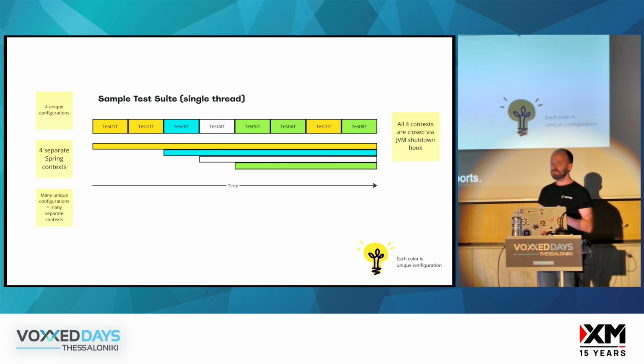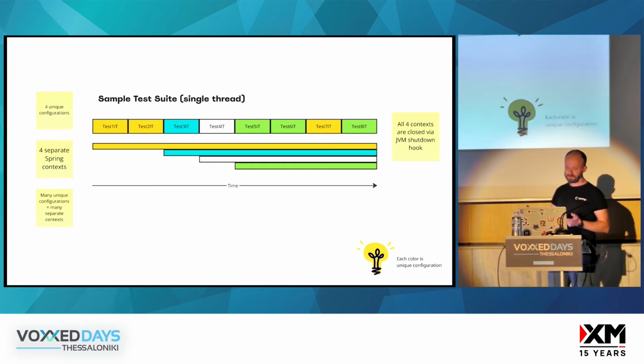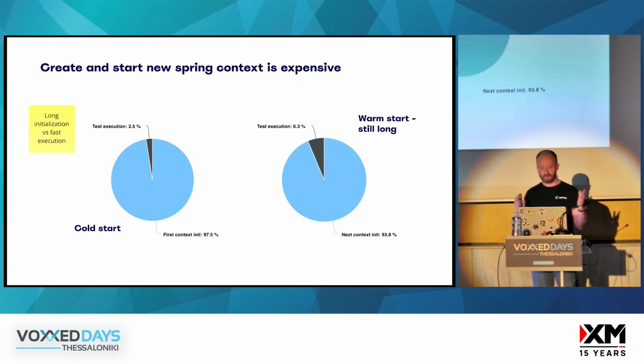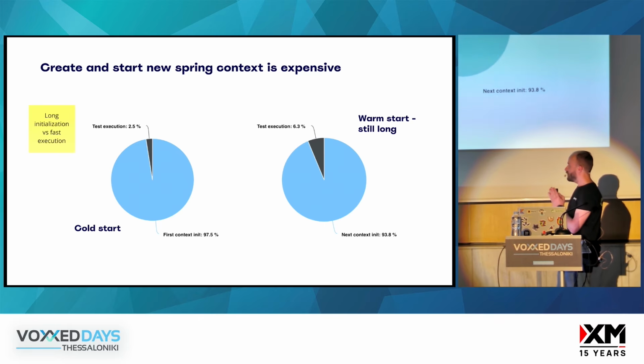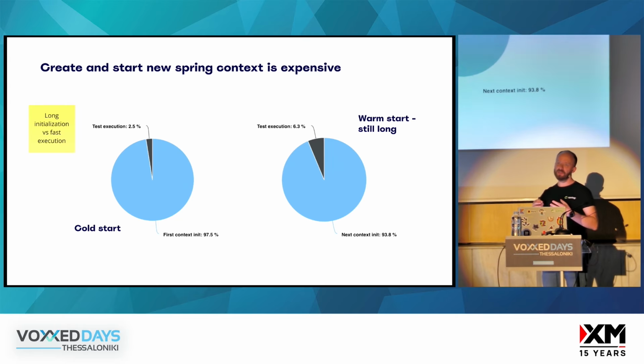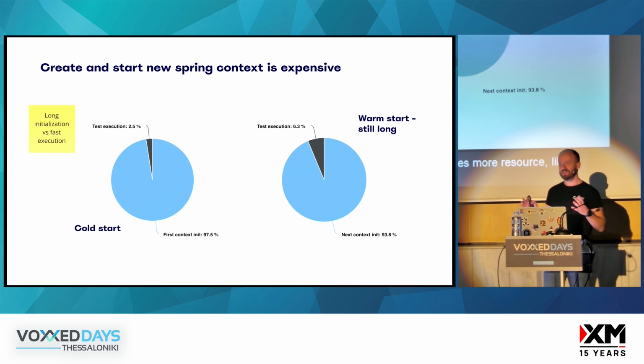More contexts can also mean that we have more active beans, like Testcontainers, more Docker containers. And each time a new context is created, it not only consumes more resources like CPU and memory, but also it takes time.